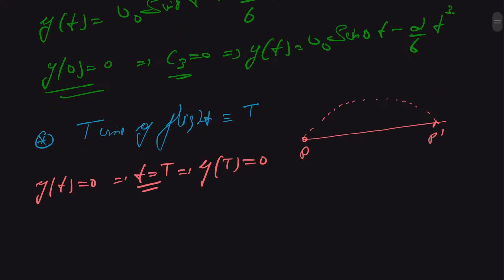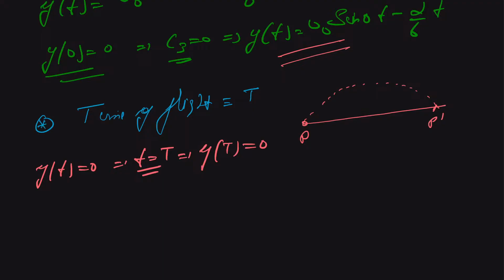And we are going to use this equation. So we get v naught sine theta capital T minus alpha by 6 T cube is equal to 0. One of the T we can take as common.